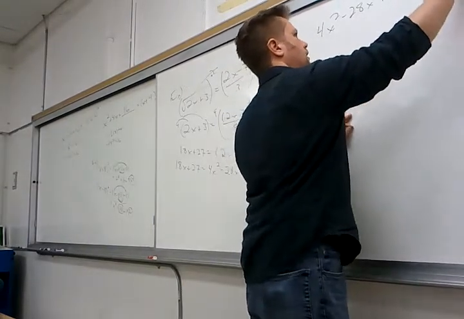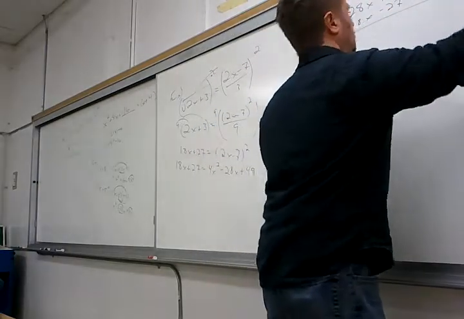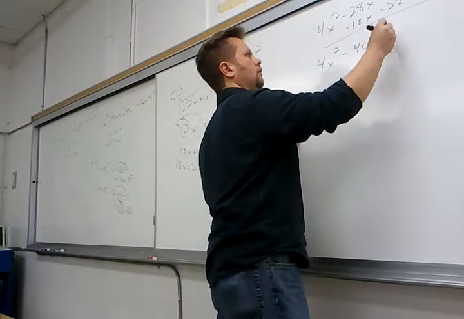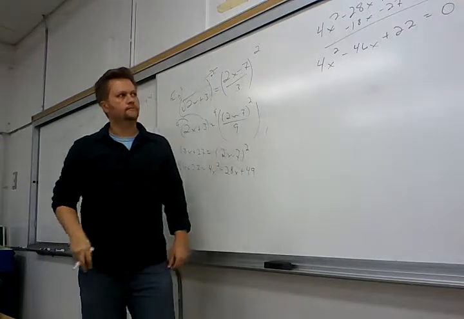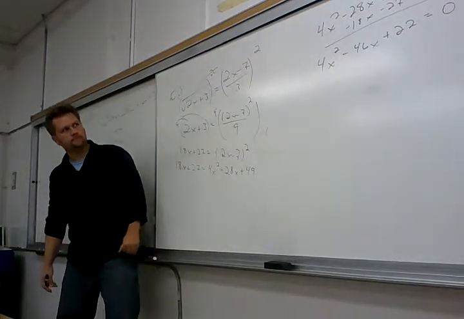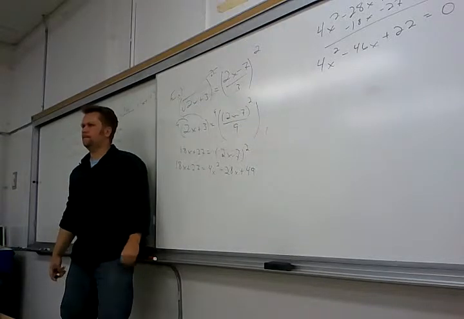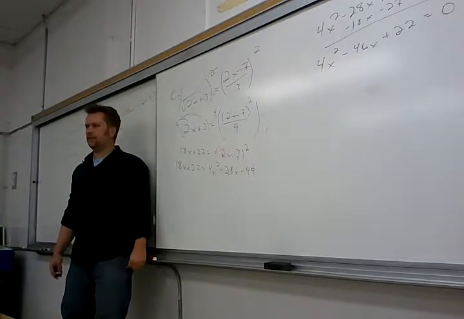So let's see, subtract that. Get some ugly. How's that? What's one thing you can do to make this a little bit better on yourself, 4 by 22, 88.